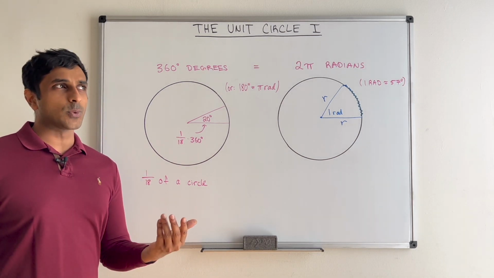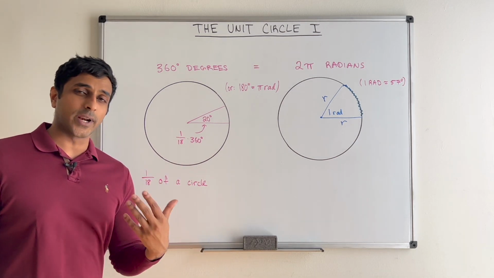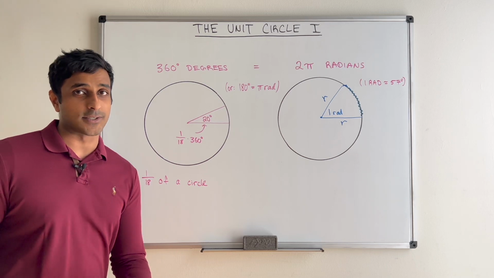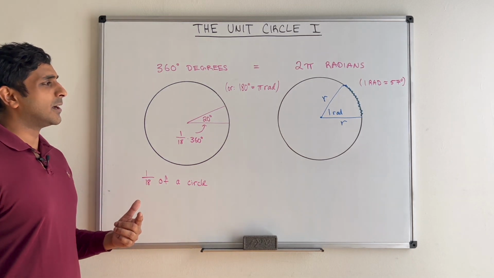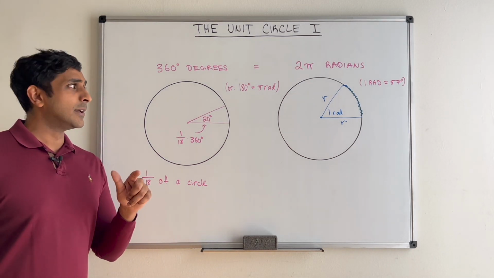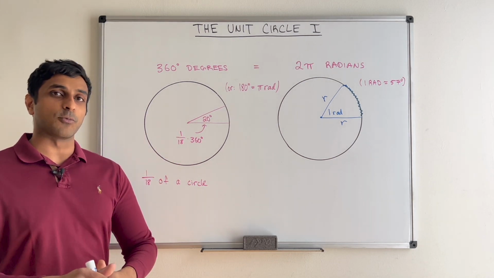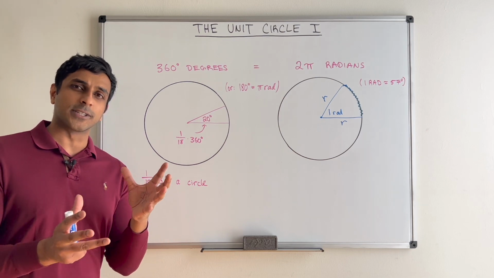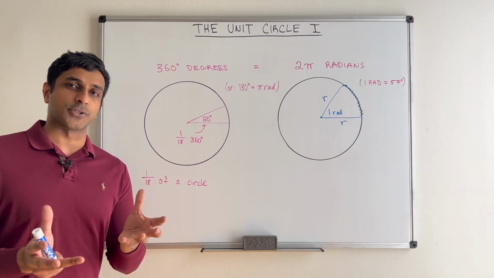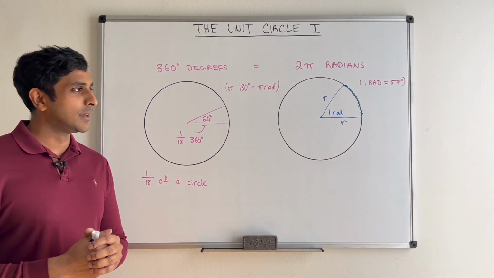But if we started with 100 degrees in a circle, 1/18th of that would not be a nice integer. So one benefit of defining degrees to be that there are 360 of them in a circle is that talking about some random fraction of a circle still gives you easy to deal with angle measures, usually integers.